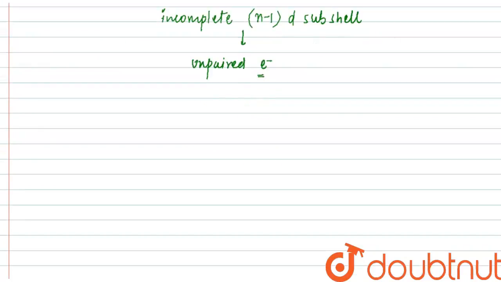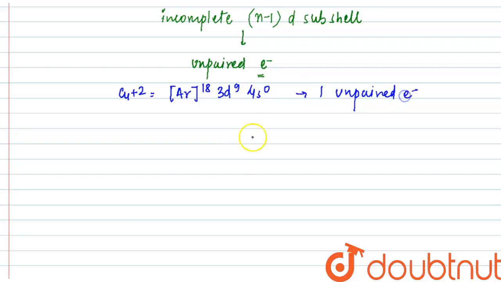See, the entire phenomena I'm just going to explain here. So here we have copper +2 ion, which has the electronic configuration of [Ar] 3d9 and 4s0, right? With 3d9 it means it has one unpaired electron. How?